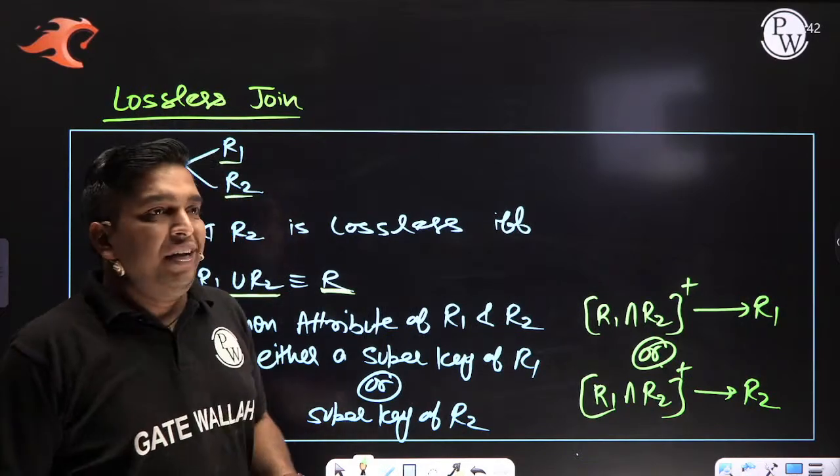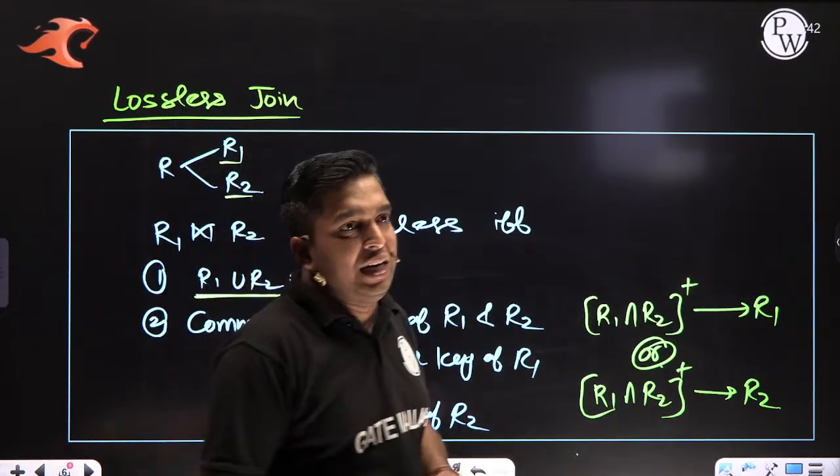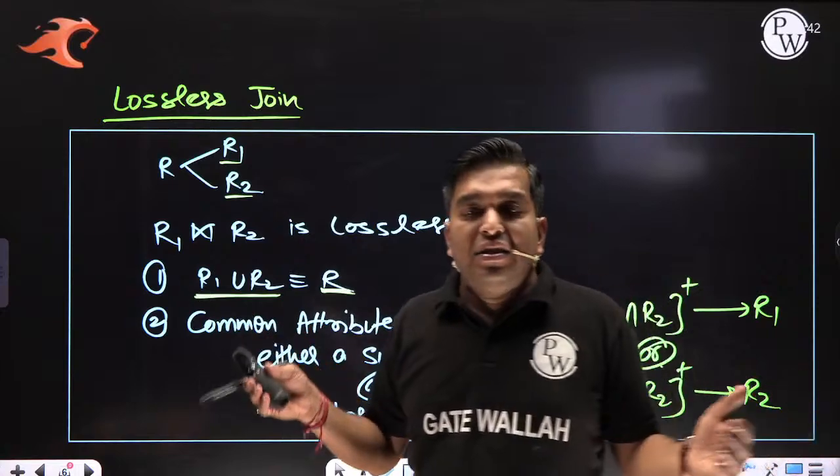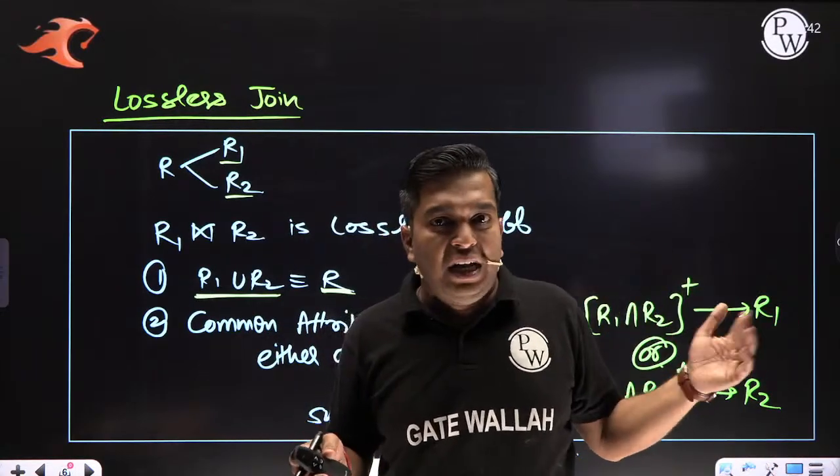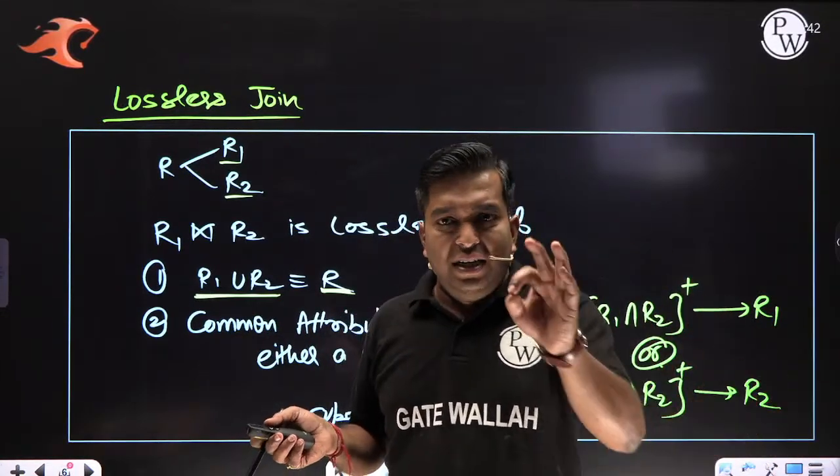Meaning, whatever common attribute you get, when you take the closure, you get either R1 completely or R2 completely.